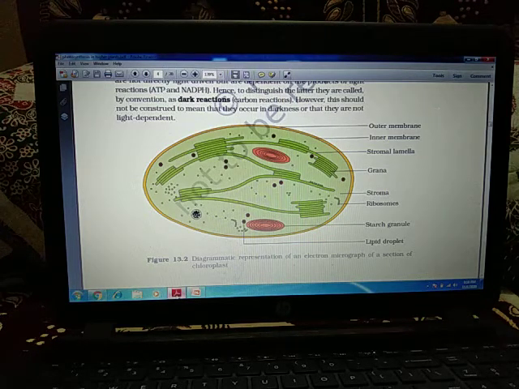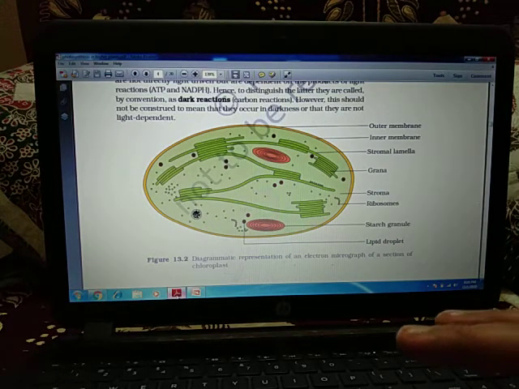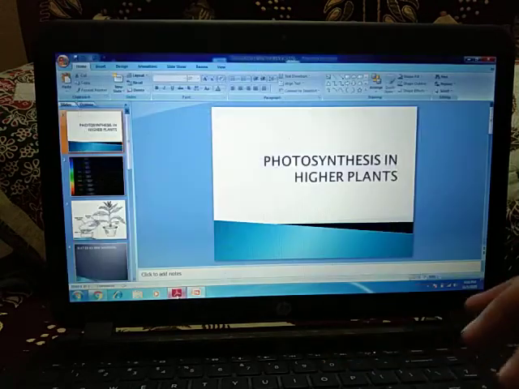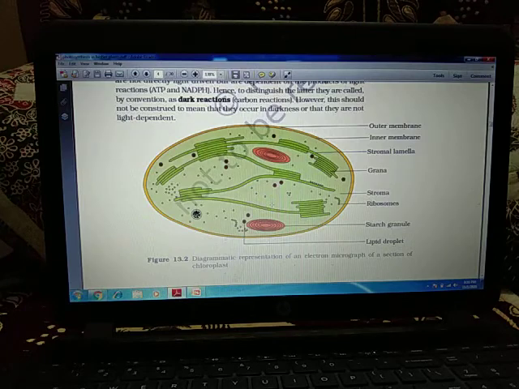Now the chloroplast is covered by an envelope of two membranes, each of 9 to 10 nanometer thickness. They are separated by a translucent zone, the periplastidal space, which is about 10 to 20 nanometer.